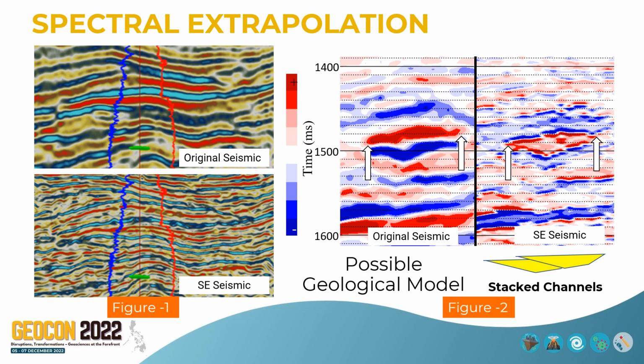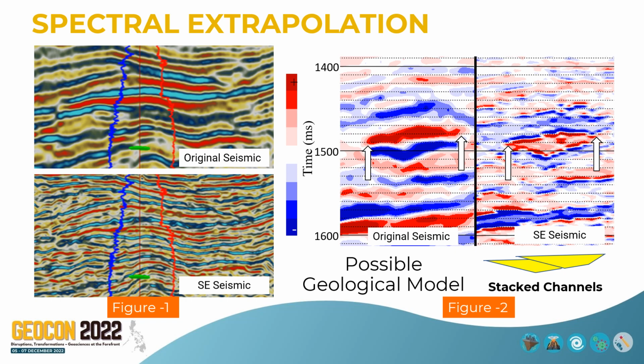As shown in figure 1, the difference before and after application of spectral extrapolation on conventional seismic. The authenticity of the application was verified with well log data. Also, this technique helps in detection and characterization of thin reservoirs that are not mappable with conventional seismic frequencies.